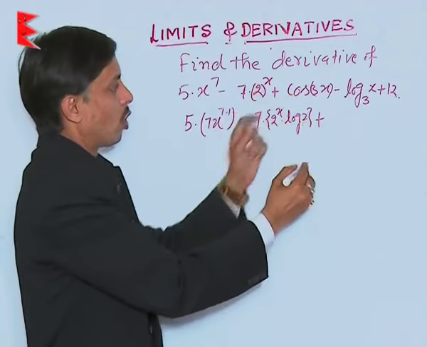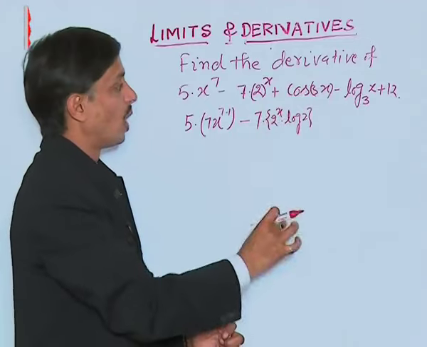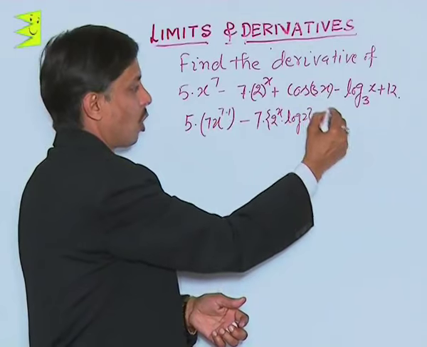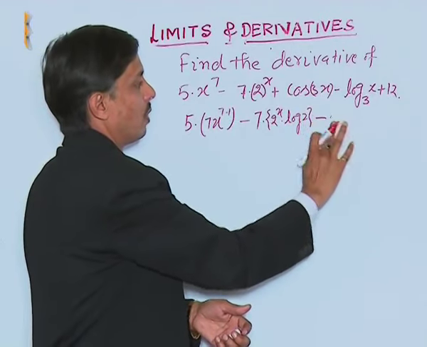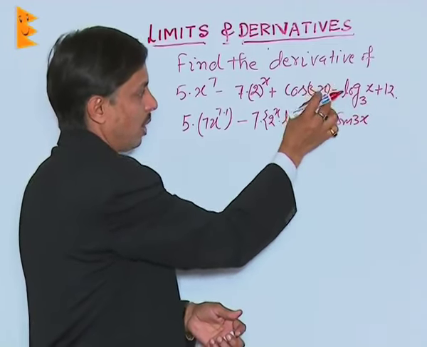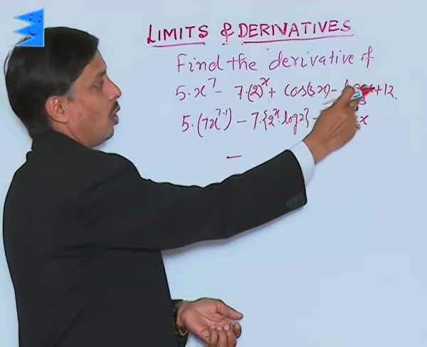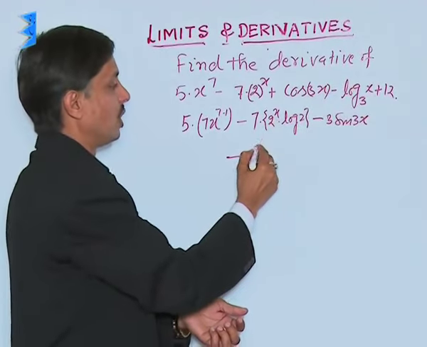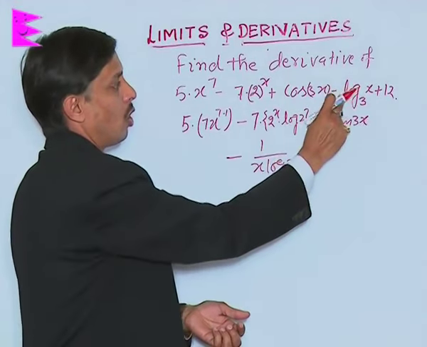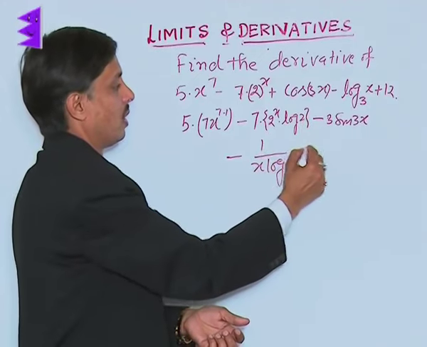Plus cos of 3x: the derivative of cos x is minus sin x, so the derivative of cos 3x will be minus sin 3x, and the derivative of 3x is 3 by the chain rule. Minus log of x base 3: the derivative of log of x base a is given by 1 upon x log a. Plus 12.